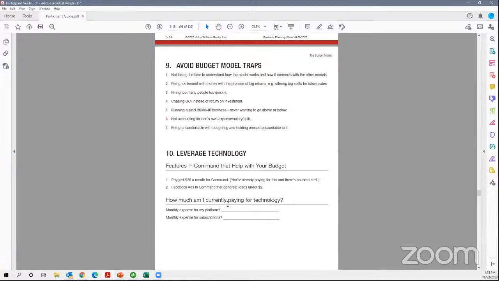I want you to add everything up, and then I want you to multiply that by 12. And then I want you to look at Keller Williams command, and you'll find that most of those bolt-on technologies that you have can be eliminated because it's already an applet in there in KW command, and it's only $20 to $25 a month.